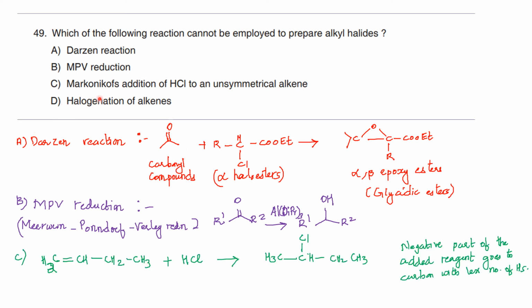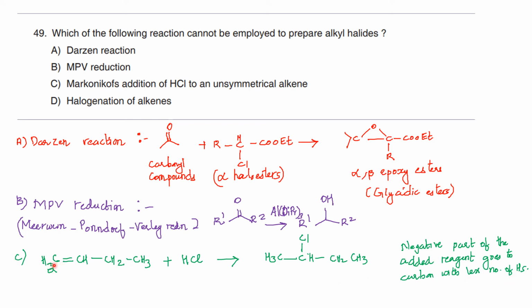Option C is Markovnikov's addition of HCl to an unsymmetrical alkene. So here you are having an unsymmetrical alkene, which is 1-butene. So you are adding HCl. According to Markovnikov's addition, the negative part of the added reagent, that is, if you are using HCl, the negative part is Cl minus, will go to the carbon atom with less number of hydrogens.